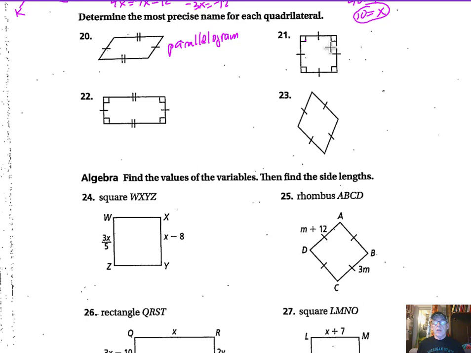And we also have right angles. So we have a rhombus with all right angles. That is a square. So at 22, we have opposite sides congruent with a right angle. That makes this a rectangle. It's a parallelogram because of the opposite sides congruent. It's a rectangle because of that right angle.